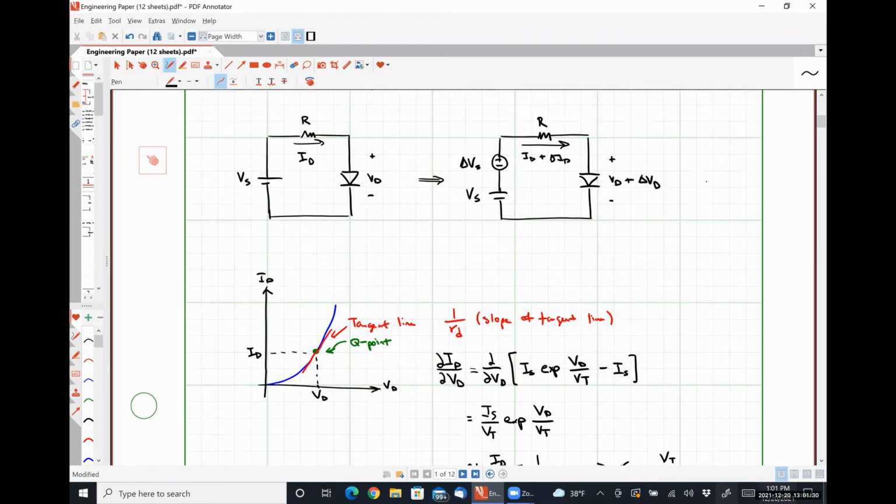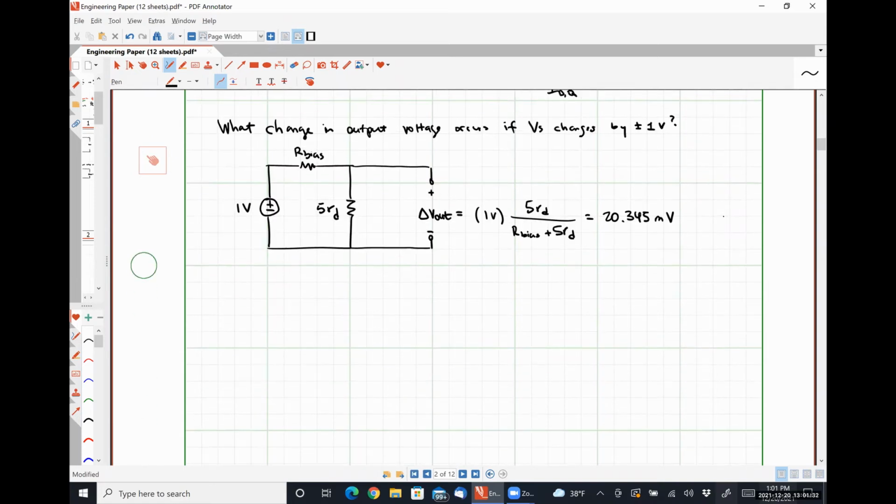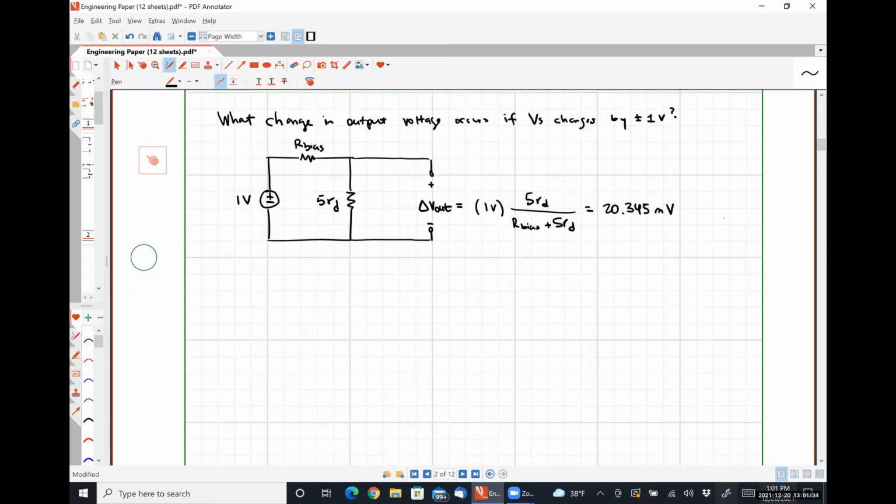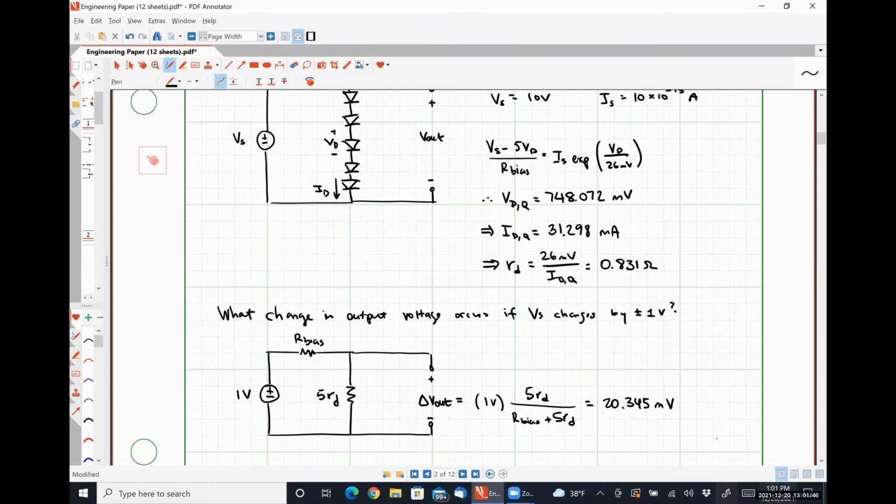Now, if we want to figure out what change in the output occurs if we include a load resistor, we can still use the dynamic resistance, but we have to think about what's happening. What I mean by that, let me scroll up here real quick.